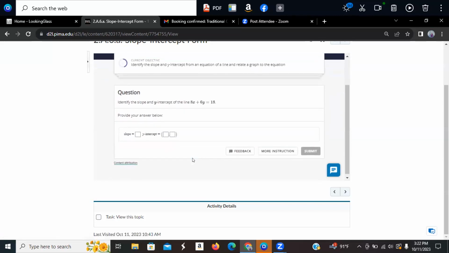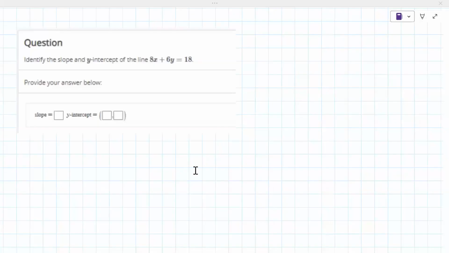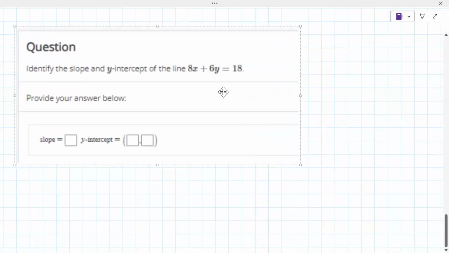Okay, this one is more involved. It requires you to solve for y. So let me grab a snip of this. This is a lot like the first couple that we did. Okay. So if you see my screen here, we have to solve this equation for y.